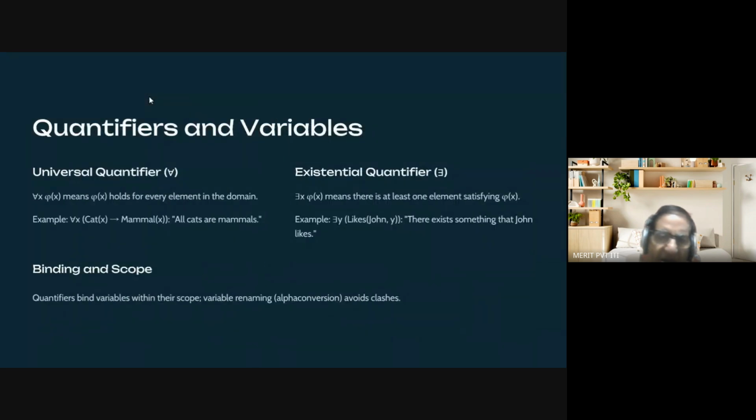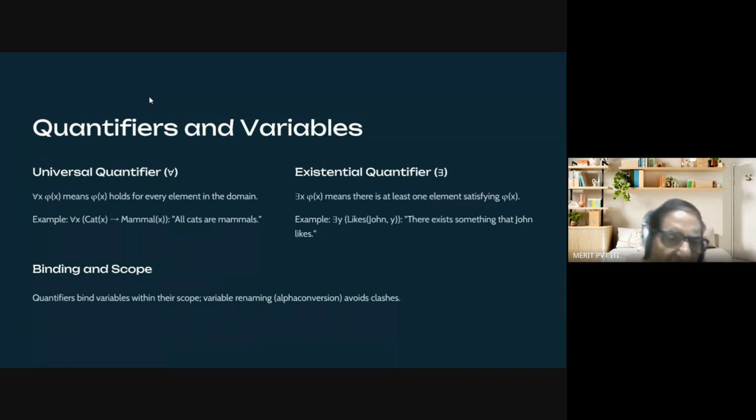Okay. Now this is the universal quantifier. For all x, P(x) means phi(x) holds for every element in the domain.